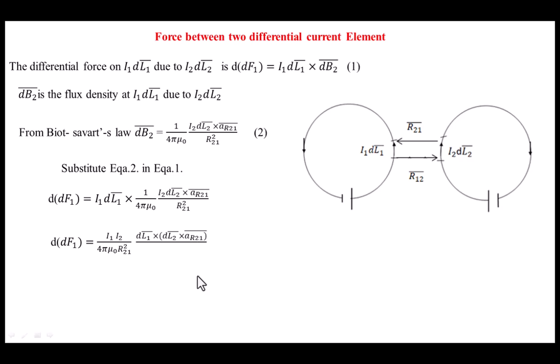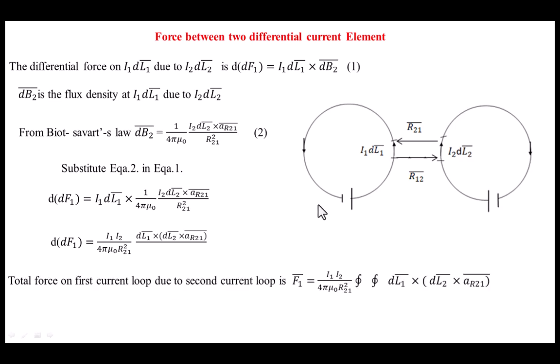If we want to find the total force, I have to take the double integration so that this length as well as this length, the total length, is covered. So F1 bar equals I1 I2 by 4 pi mu naught R21 squared, closed line integral over the first loop, closed line integral over the second loop, dl1 bar cross dl2 bar cross a21 bar.